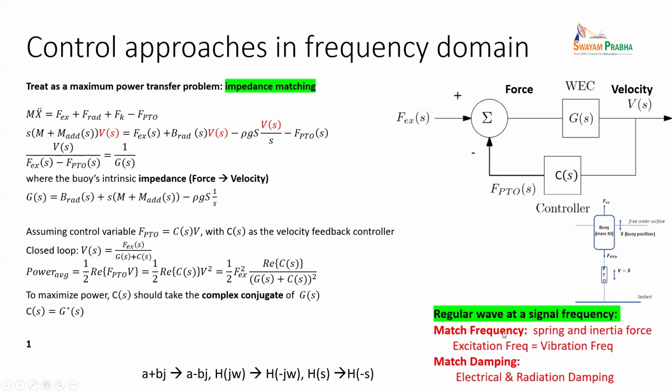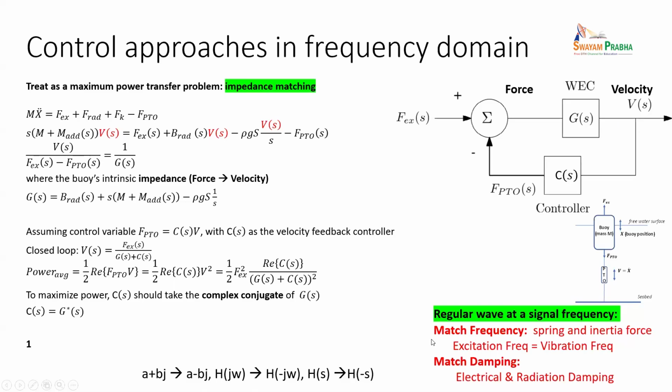What complex conjugate means is exactly this: you have A plus Bj, then the complex conjugate is A minus Bj. And you have the transfer function H(j omega) and H(negative j omega). This is the complex conjugate, and in transmission H(s) and H(negative s).